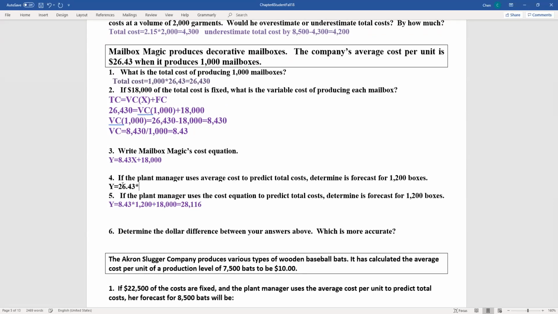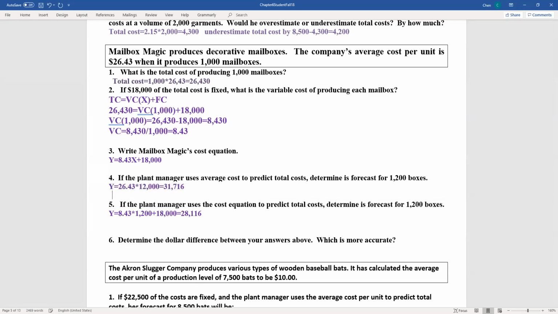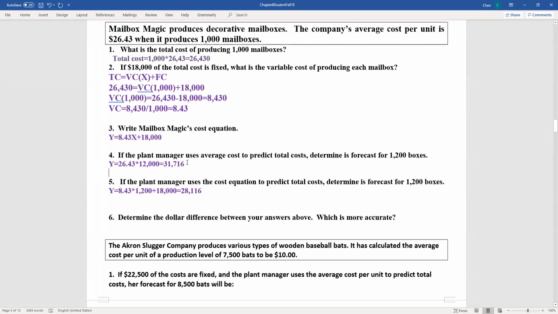26.43 times 12,000 will be equal to 31,716. Okay. If you do that, you can compare the difference if you use average cost to predict total cost versus the cost equation.